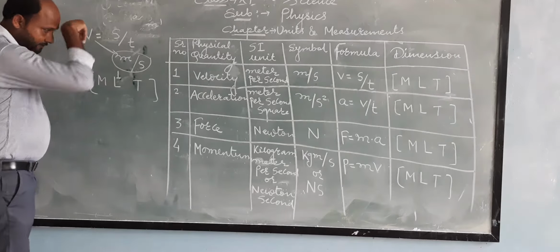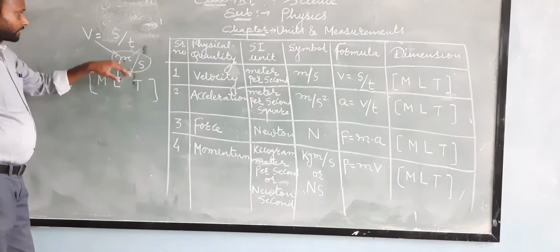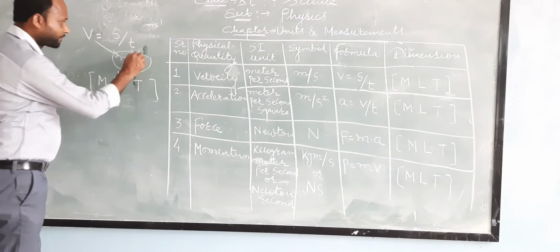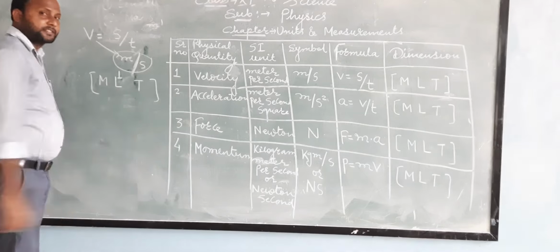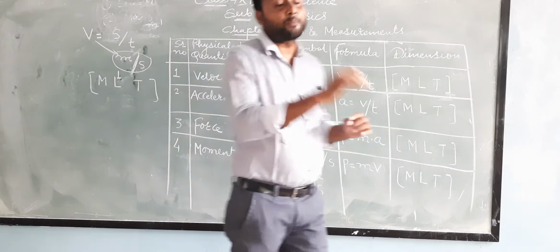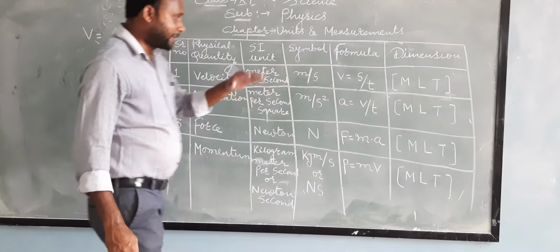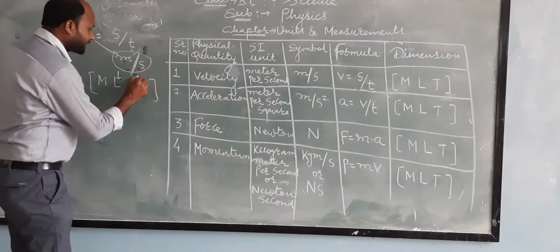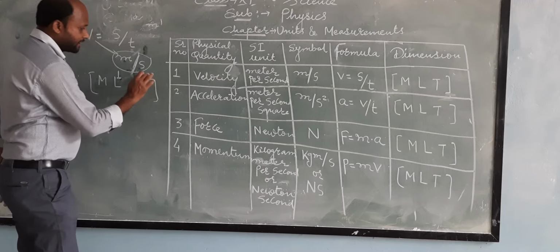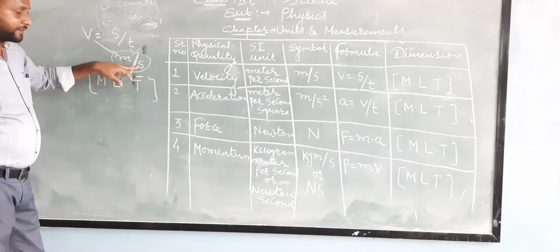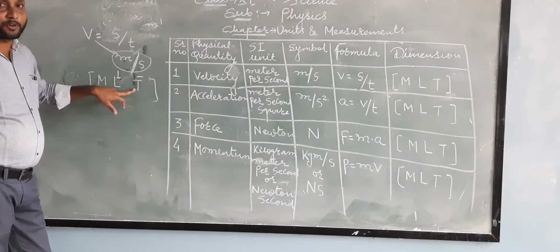Now listen here. This is second, and second is in the denominator. When the term is in the denominator, then take its negative sign. We know that second is an SI unit of time, and here T stands for time.